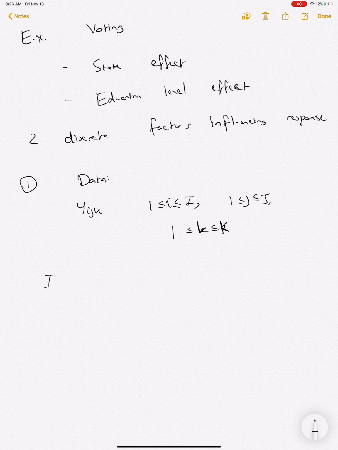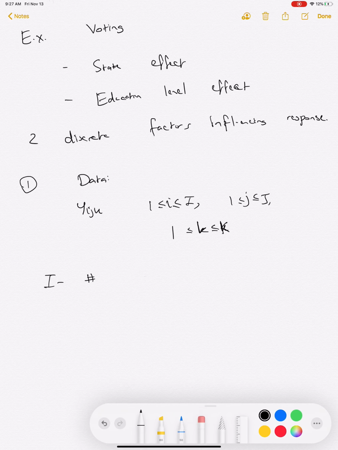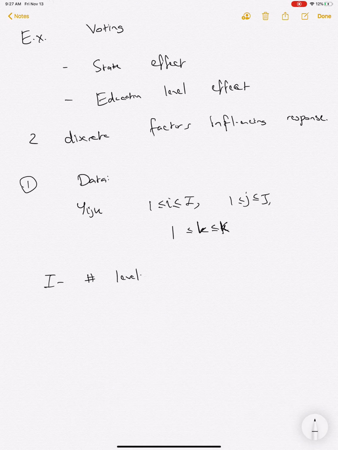So I is the number of levels or groups for the first factor.